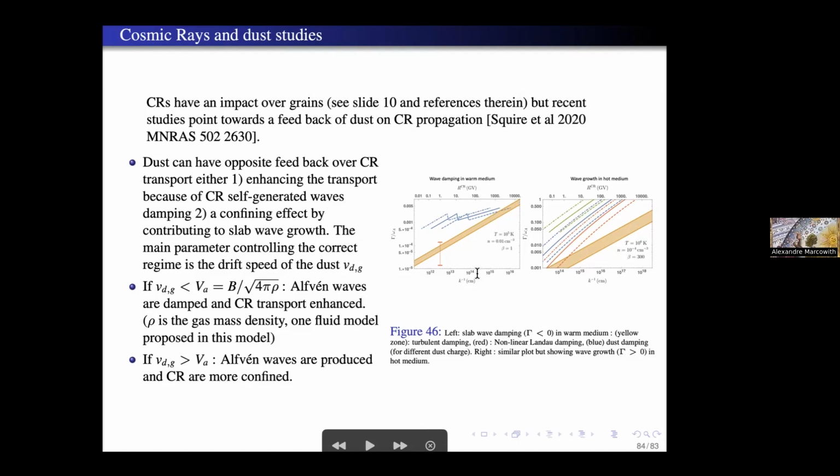They can damp the Alfvén waves. If they damp the Alfvén waves, cosmic rays can flow more ballistically, and they are less confined. Depending on the type of regime you have, they can impact substantially the cosmic ray transport process. So in turn, if you want to implement a good cosmic ray model in your ISM studies, you may have to account for this effect.